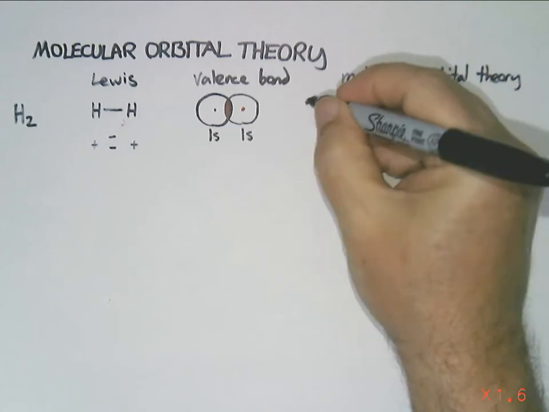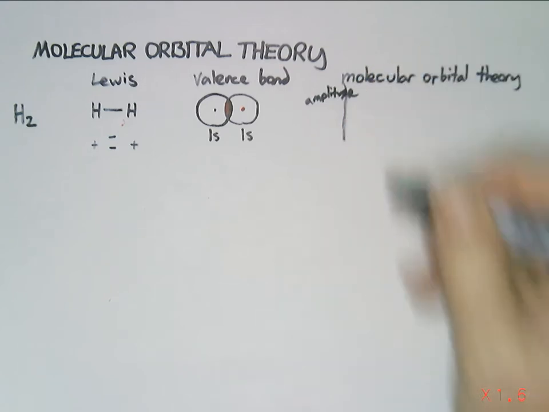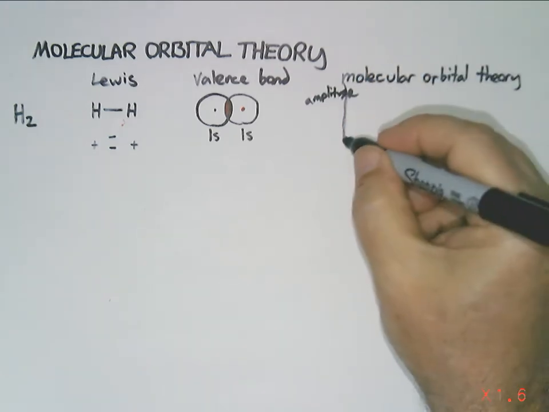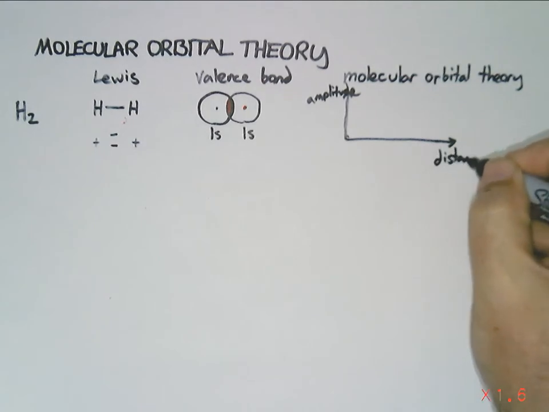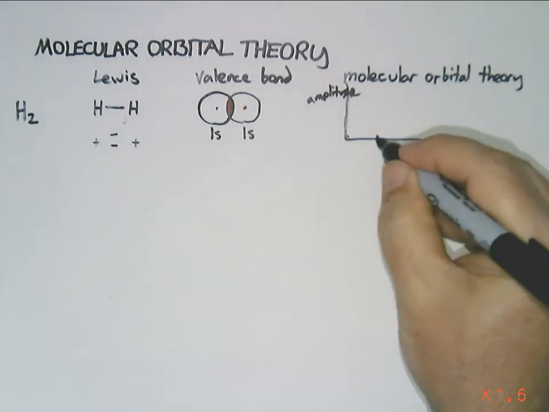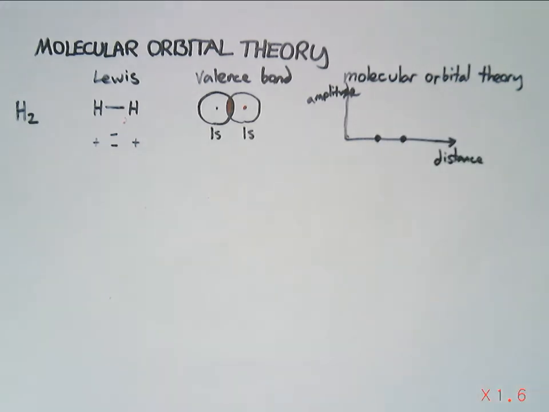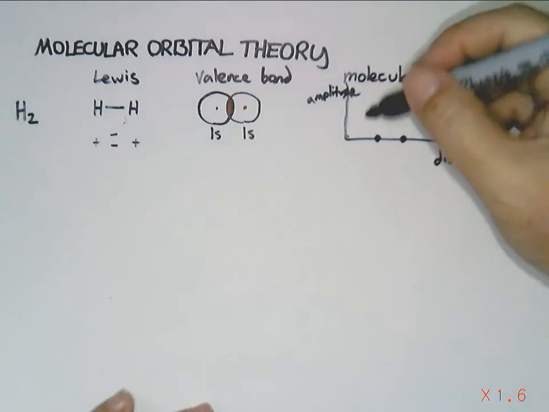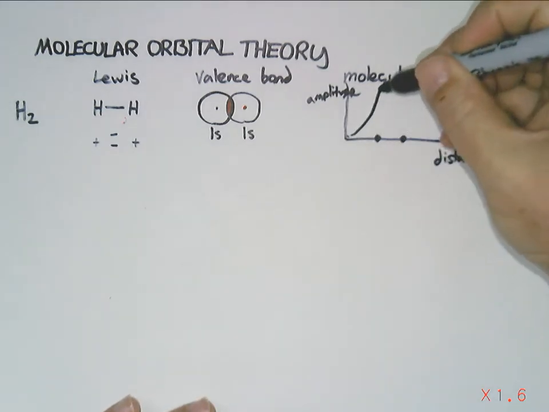Amplitude of the orbital, of the wave, because an orbital is a 3-dimensional wave, versus distance. And let's say the first nucleus is here, and the second nucleus is here. Each of those will have associated with it a 1s orbital, which will look like this.